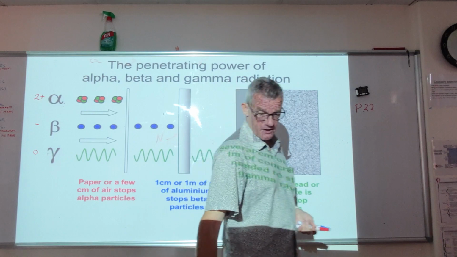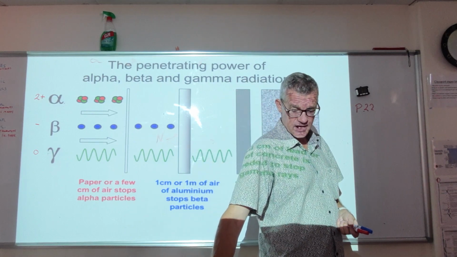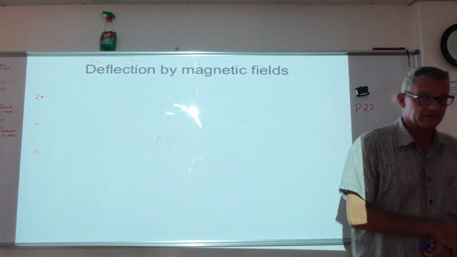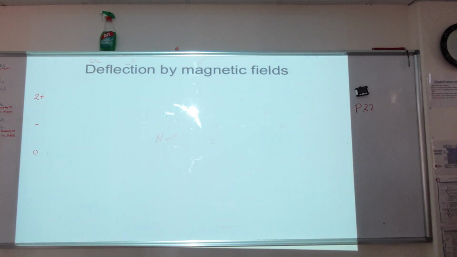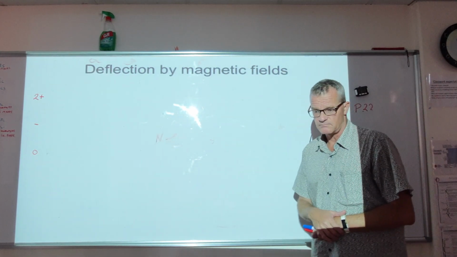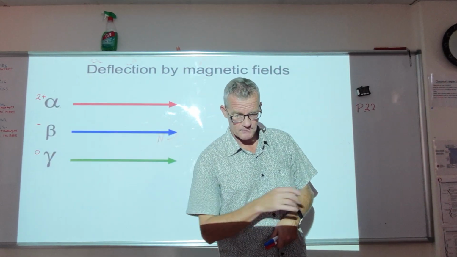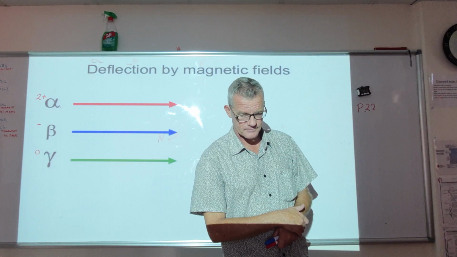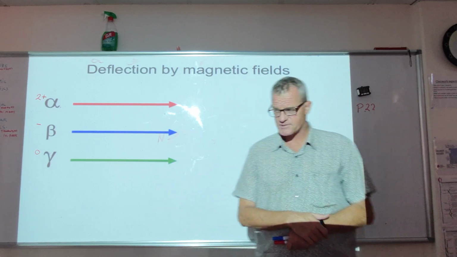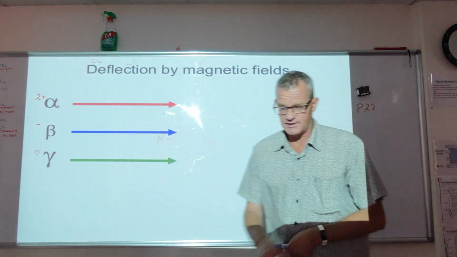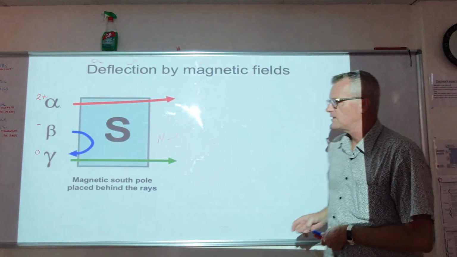So let's look at how the different types of radiation deflect in a magnetic field. Alpha, positive charge. And this is interesting to see, how they deflect.